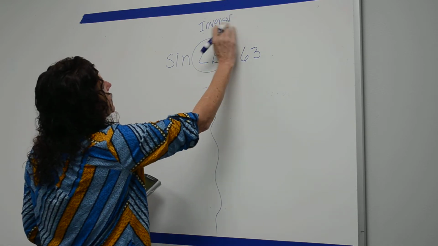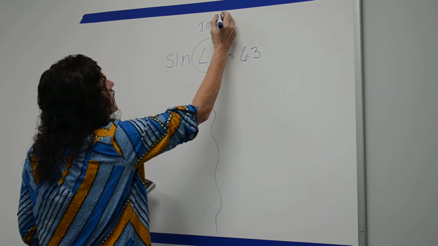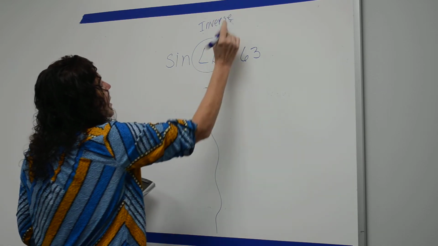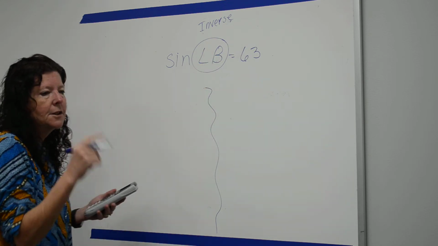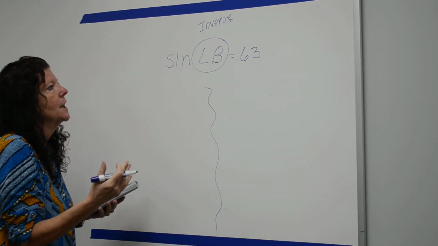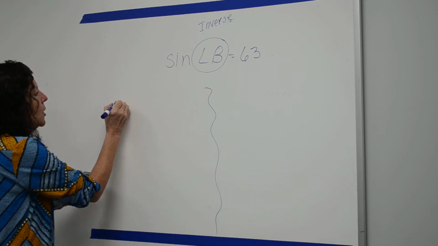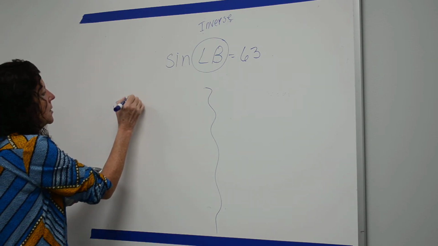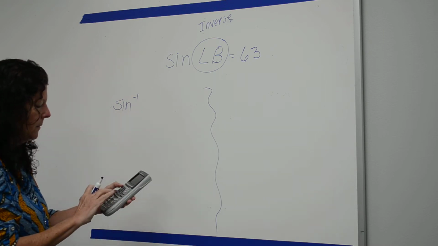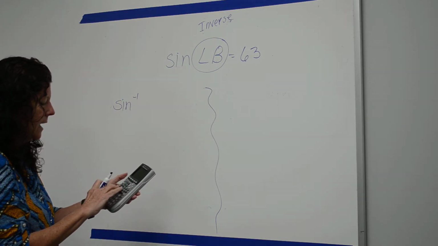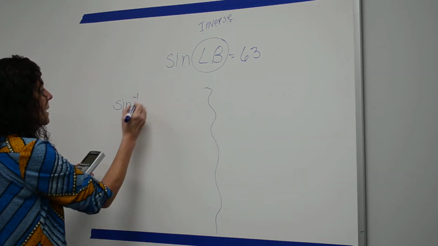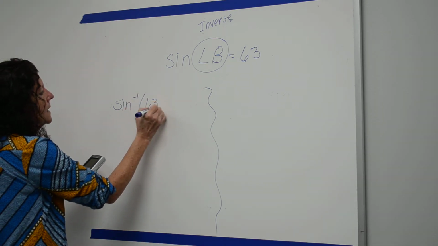Inverse is your sine to the negative first power, your cosine to the negative first power, your tangent to the negative first power. So I'm going to do the inverse of the sine: I'm going to press second, press the sine button, and then put in 0.63.